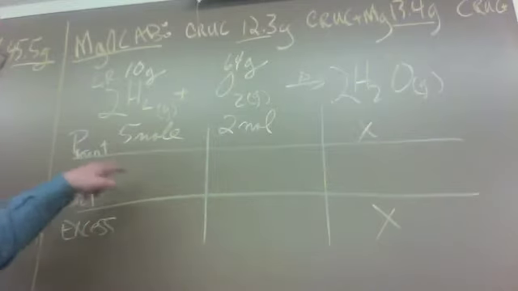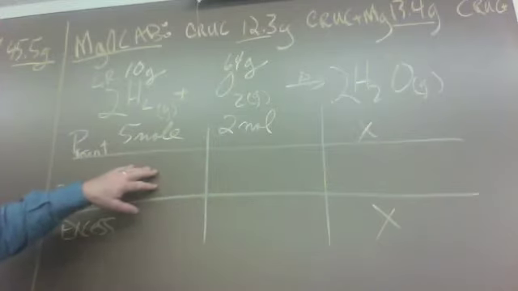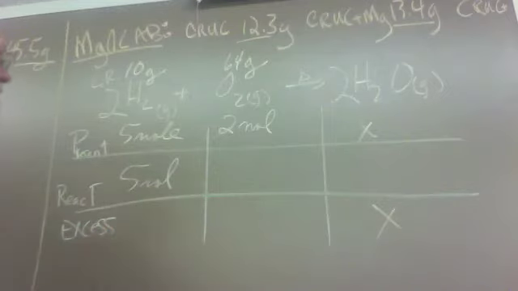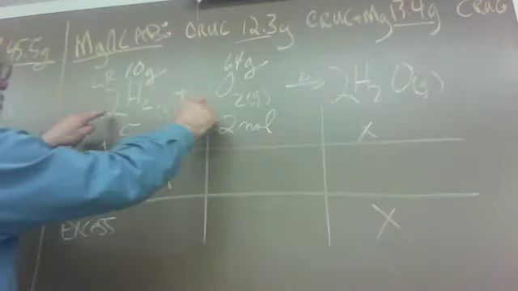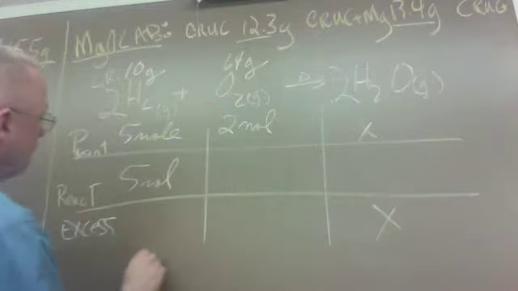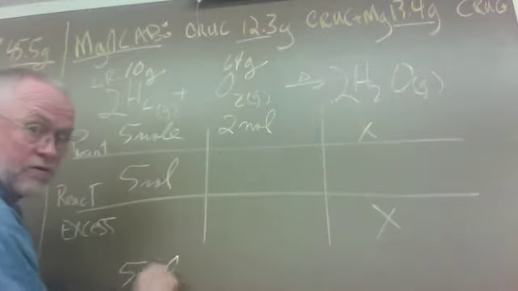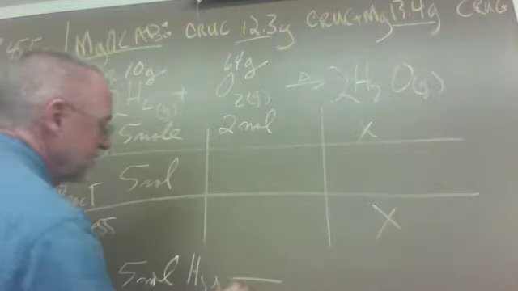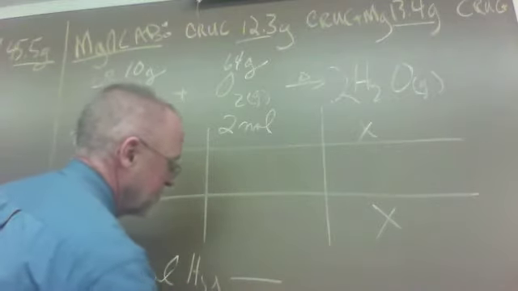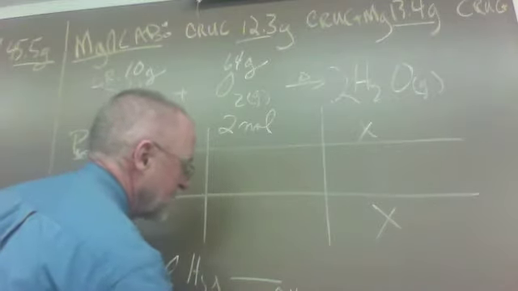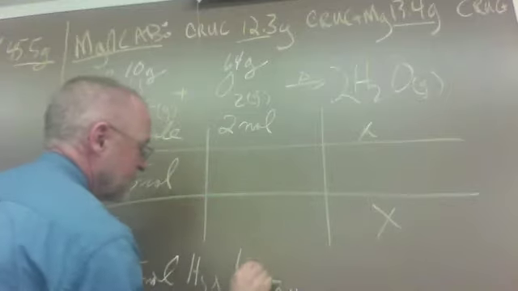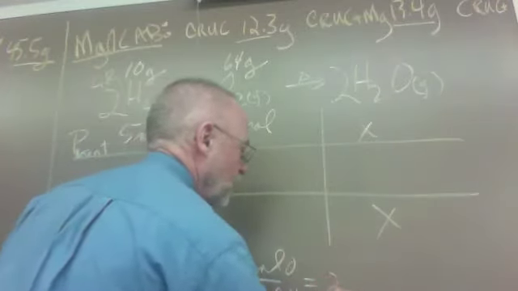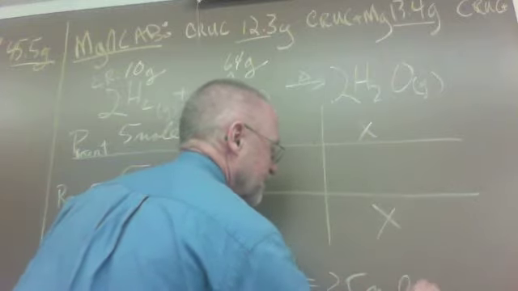Okay. If we choose this one as our limiting reactant, then all of it will react, right? And it's a 2-to-1 ratio. So if we've got 5 moles of hydrogen, we're going to need, it's 2 moles of hydrogen to 1 mole of oxygen, we're going to need 2.5 moles of oxygen.